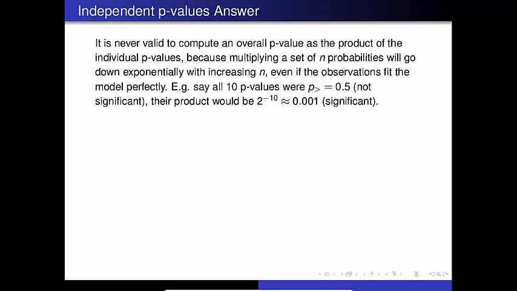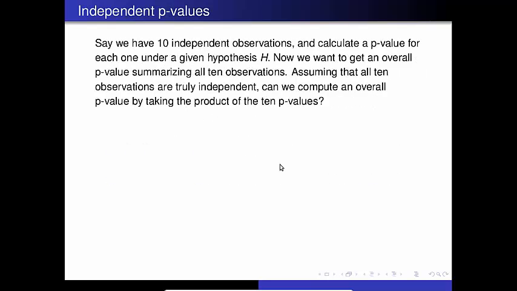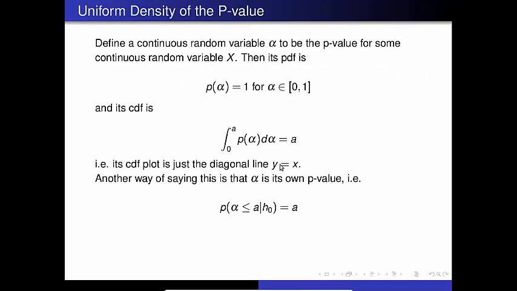The reason relates very much back to what I showed you immediately prior to this, namely this whole idea of the p-value of the p-value, in other words, this uniform distribution.